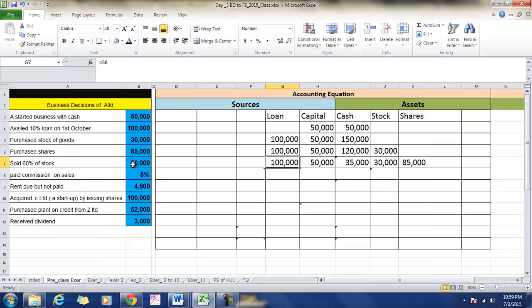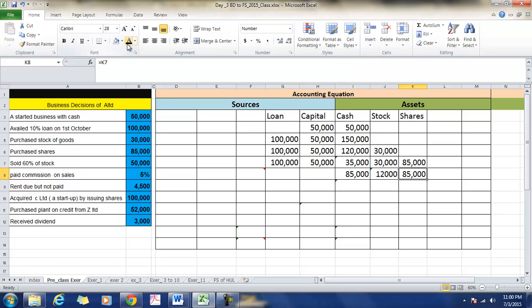Sold 60% of the stock. So we have stock of 30,000, sold 60% of the stock for 50,000. So cash increases by 50,000 and stock decreases by 60%. So therefore we have stock of 40% of 30,000.